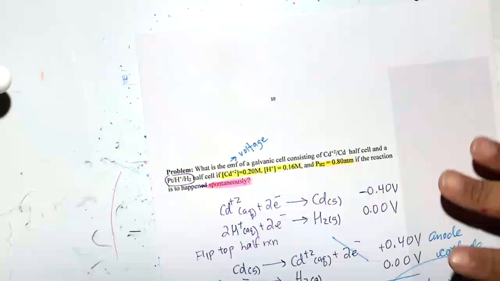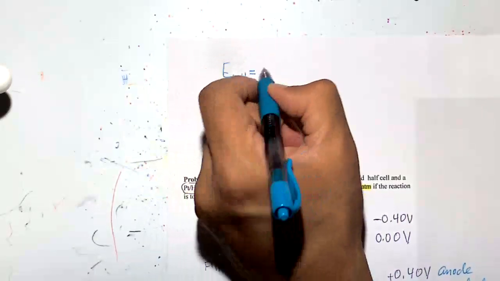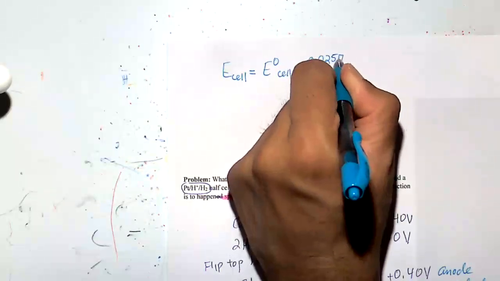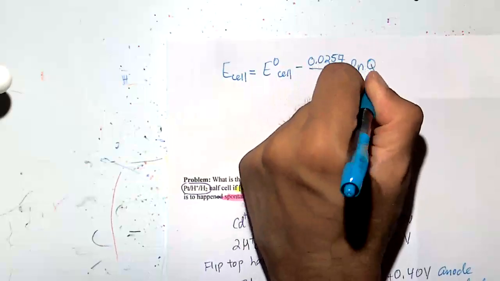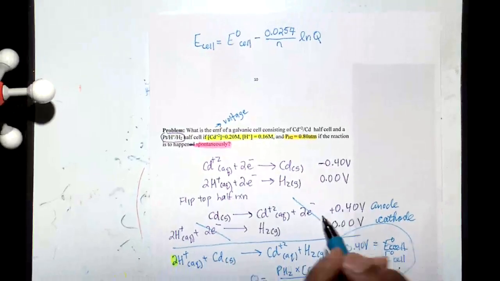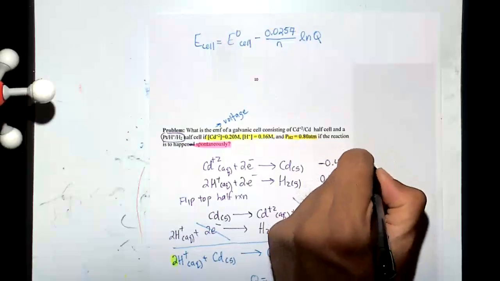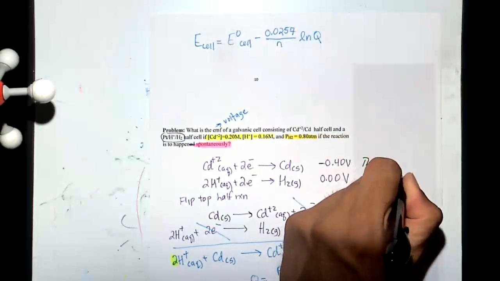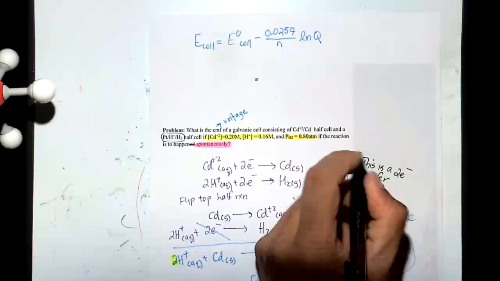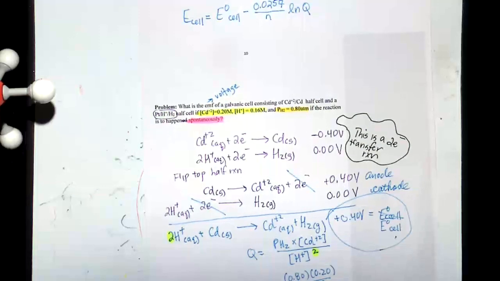Once again we plug and play with the Nernst equation. Ecell is equal to standard state cell minus 0.0257 divided by n times natural log of Q. By the way, what is n here? This is a 2-electron transfer reaction.